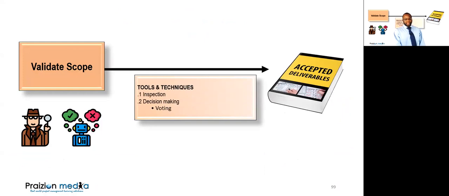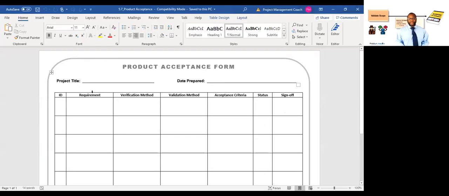Oh, Phil, it sounds like all we do is inspect, but no, when they say accepted deliverable, they're really talking about product acceptance. So what does product acceptance look like? Well, it could look like this. It could be a product acceptance form, as you can see on the screen here, right?